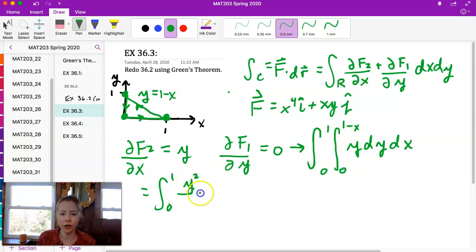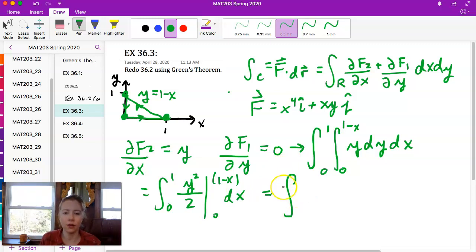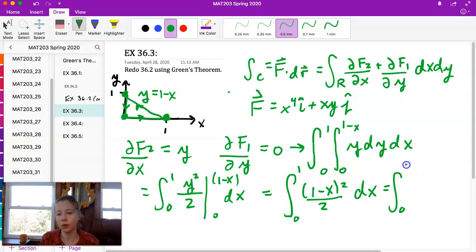And so this is going to be then the integral from 0 to 1 of, now with respect to y, y squared over 2, and we're going to go from 0 to 1 minus x, and we still have our dx. And so this is going to become the integral of (1 minus x) squared over 2 from 0 to 1 dx, which is going to equal the integral from 0 to 1 of 1/2 minus x plus x squared over 2 dx.